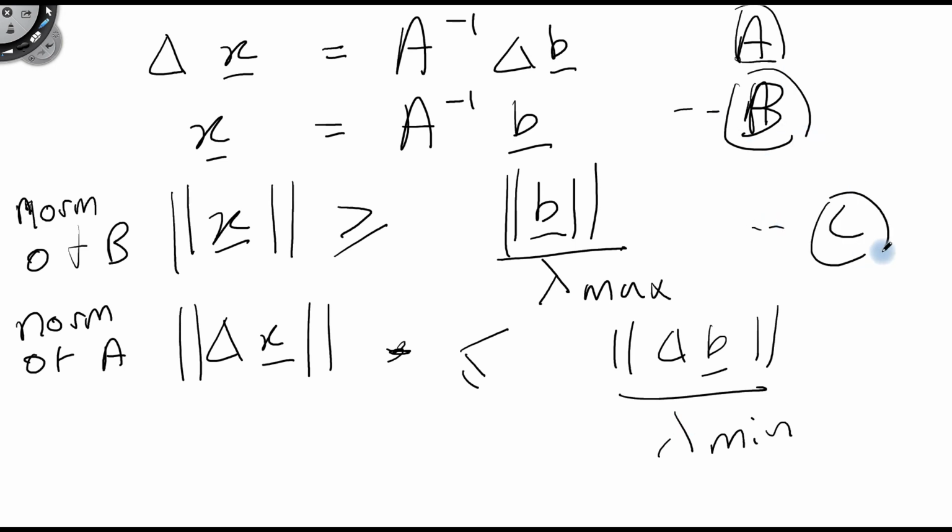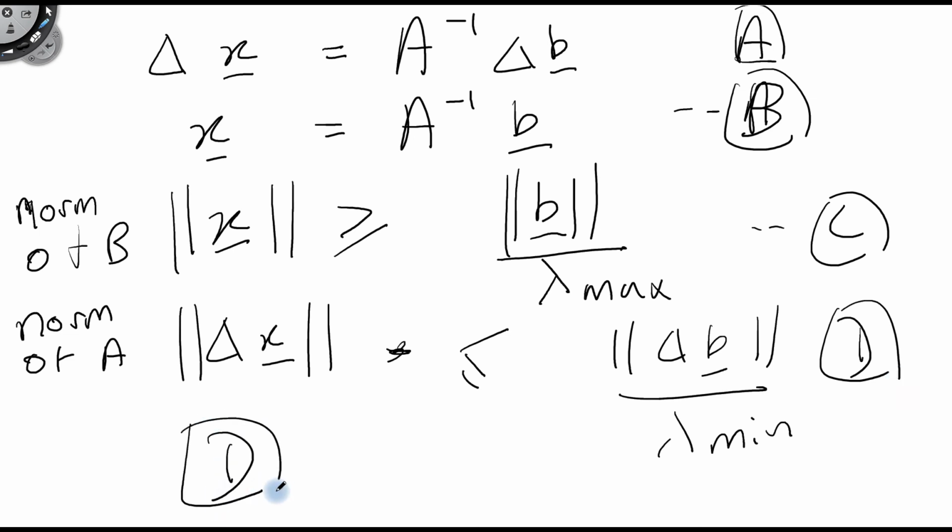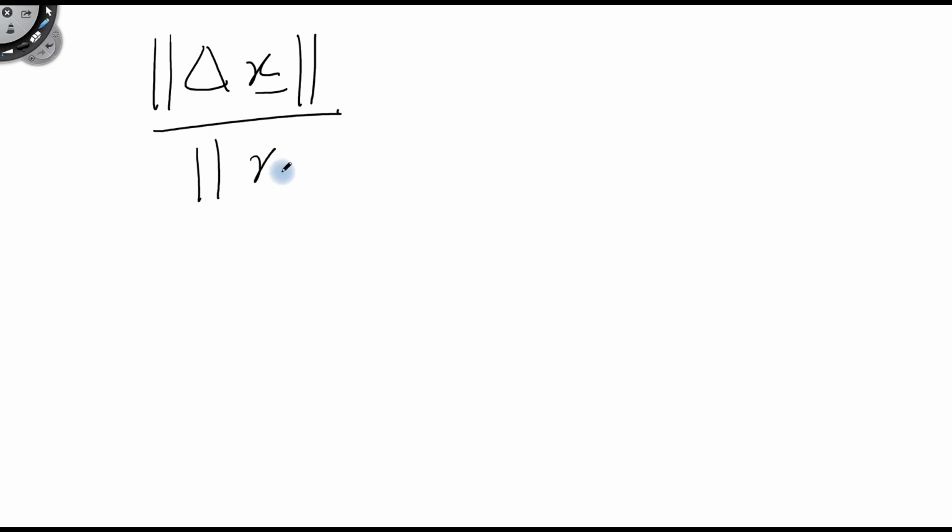So if I call that C, D, and basically we're going to do D divided by C. So delta x divided by x normed, and so on and so forth, and we get delta x normed, but now as a fraction of the solution itself, so it has a meaningful value.